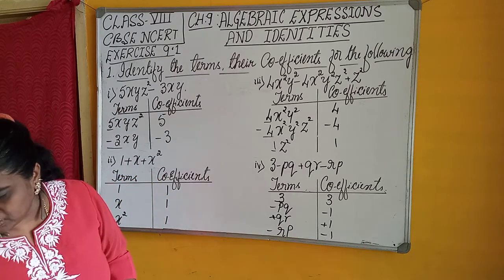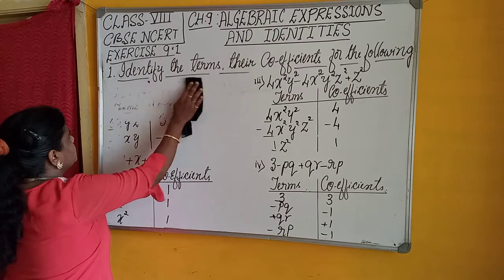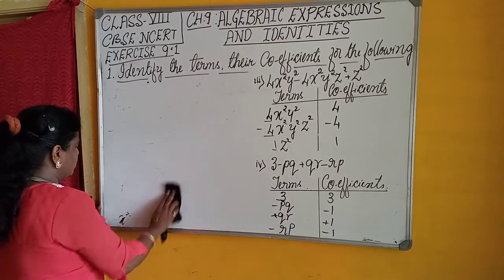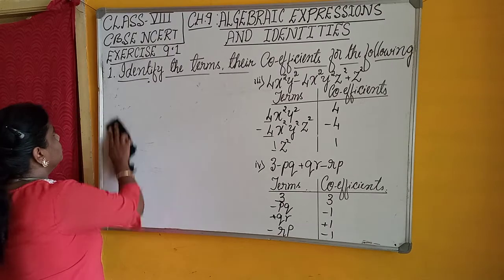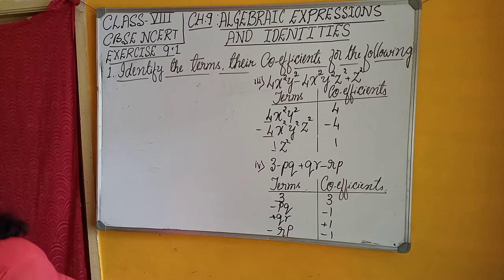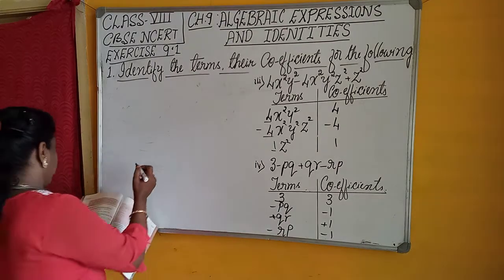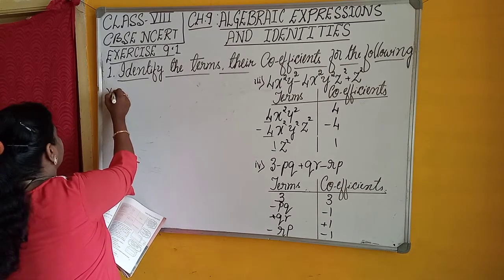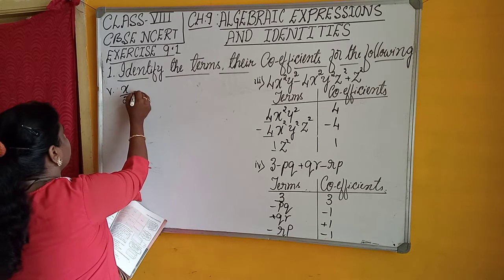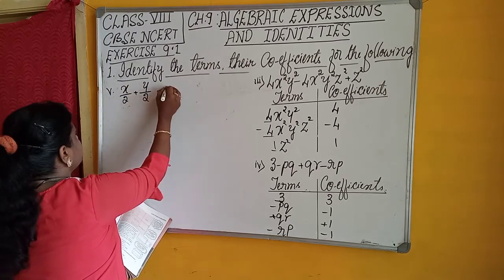Next, still 2 more problems are there in your exercise. Those are the 5th and 6th ones. Let us know how to write for those. The 5th one: x by 2 plus y by 2 minus 6y.